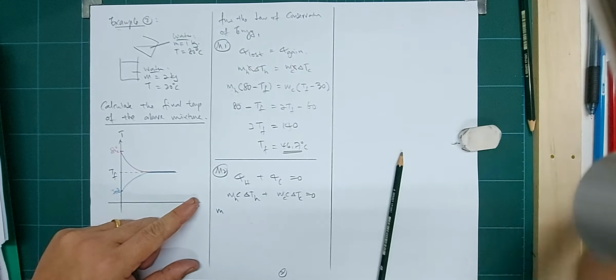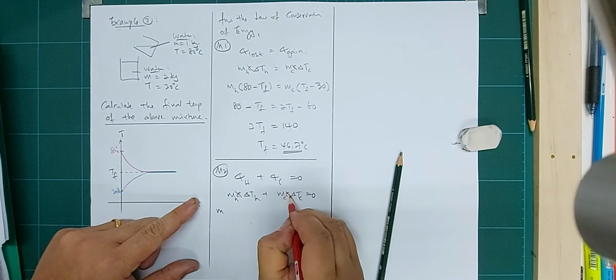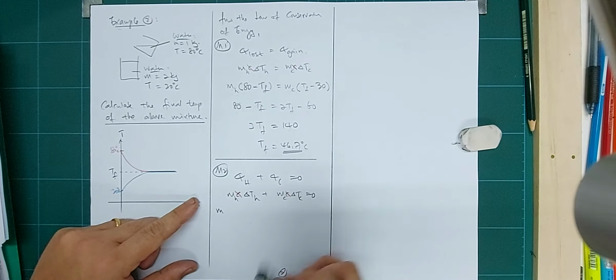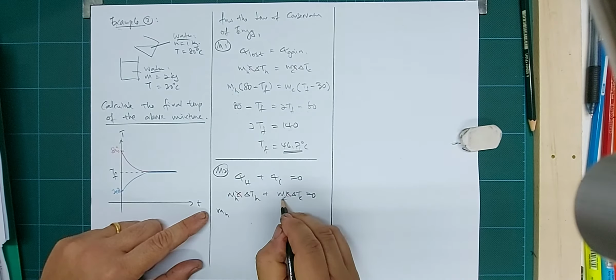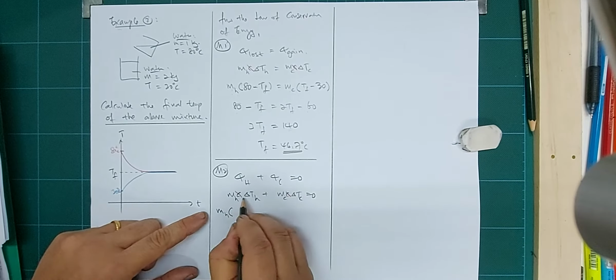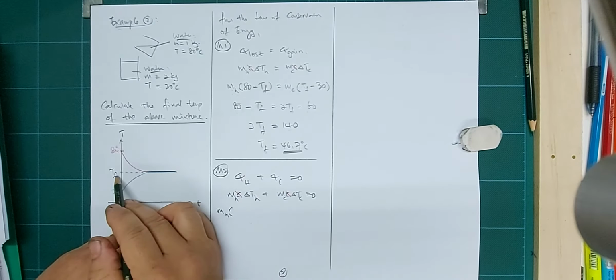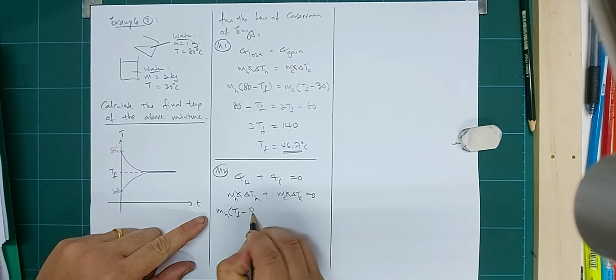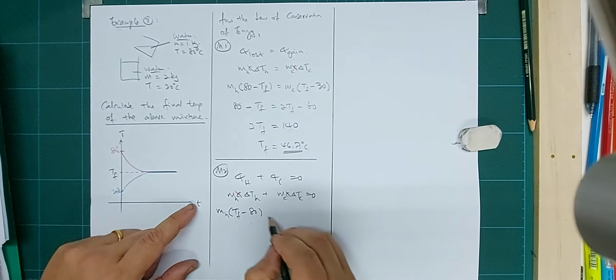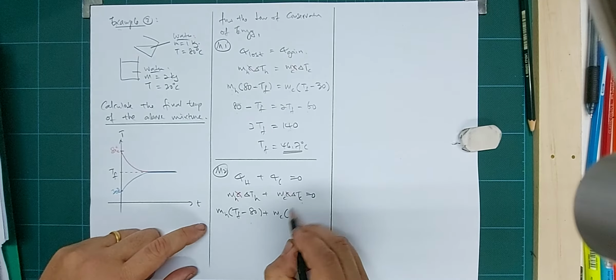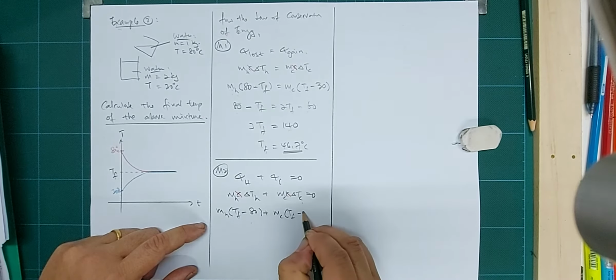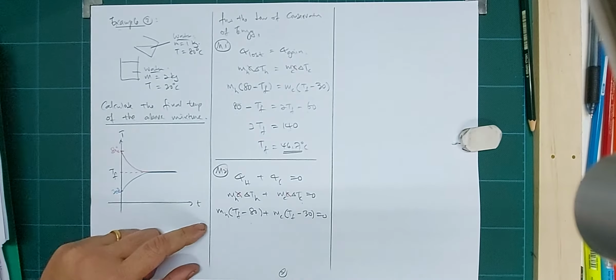Because the C are the same, we can cancel the C here. Our hot mass is 1 kilogram, this one is 2 kilogram. Now what's the change in temperature for the hot one? TF minus initial, final minus initial, plus your mc, which is final is TF minus 30, equal to 0.